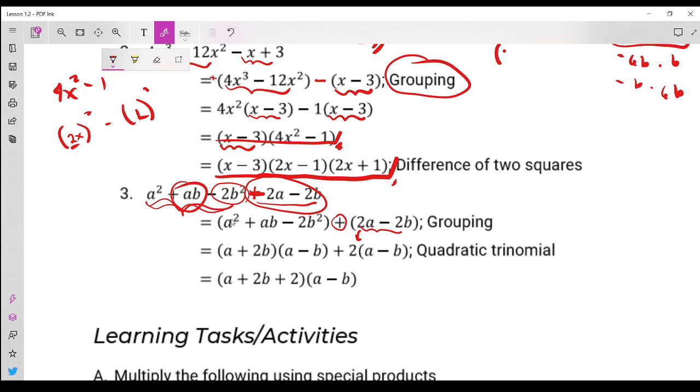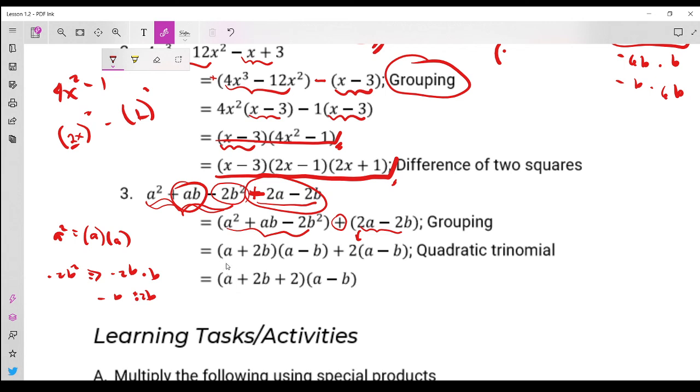And then for this one, we're going to factor by GQT, general quadratic trinomial. Factors of a squared are a times a, and factors of negative 2b squared are negative 2b times b, or negative b times positive 2b.